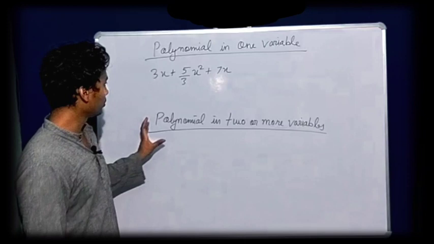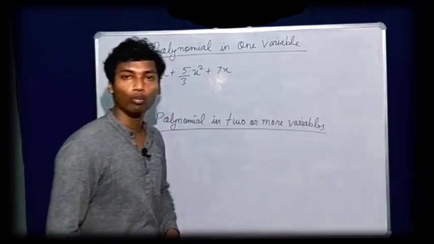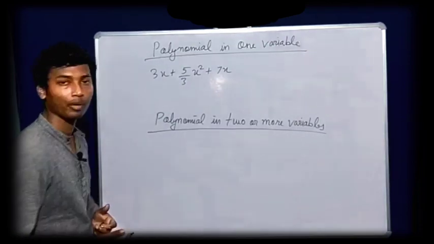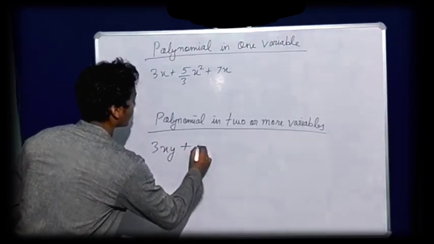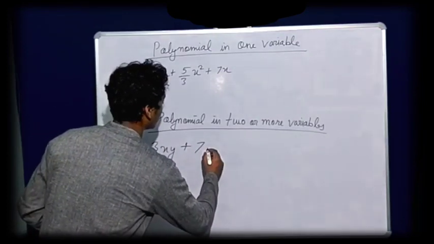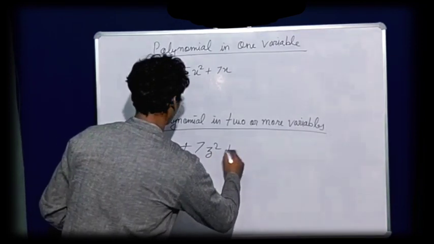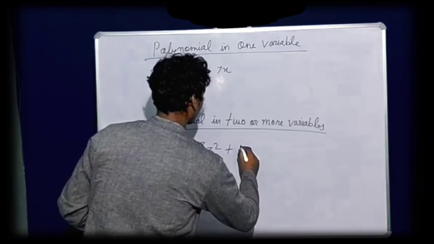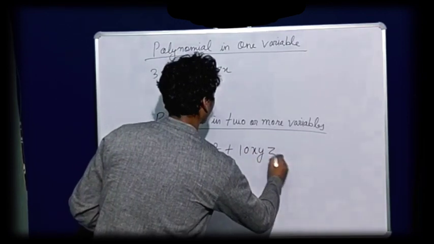Now let's take a look at a polynomial in two or more variables. So you basically have got the idea. So 3xy plus 7z square plus 10xyz.